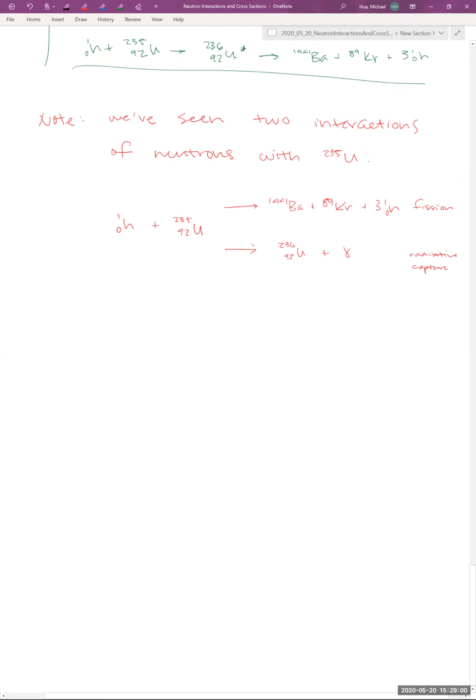So I guess the question here is, which interaction will happen? If I put a neutron and a uranium-235 together, which one should I expect? And how do we know which one?